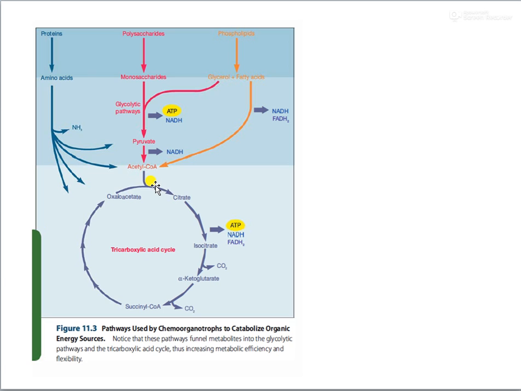After the glycolytic pathway, it passes through the tricarboxylic acid cycle, and during this process ATP, NADH and FADH2 are formed. The NADH and FADH2 pass again through the electron transport chain, and finally go to the terminal electron acceptor, either oxygen or other compounds.